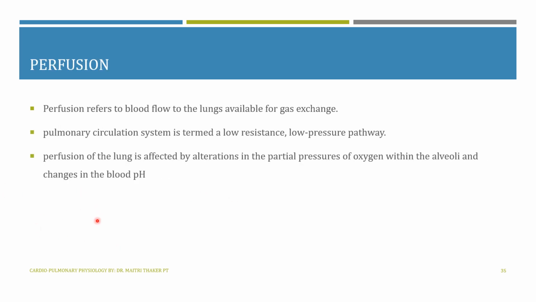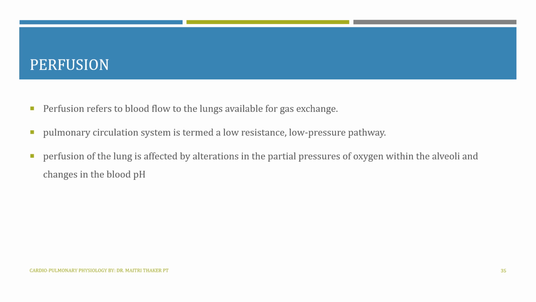Now, what is perfusion? Perfusion refers to the blood flow to the lungs that is available for gas exchange. Pulmonary circulation is termed a low resistance and low pressure pathway. So the pressure within the pulmonary capillaries is very low compared to our systemic circulation, our systemic capillaries.